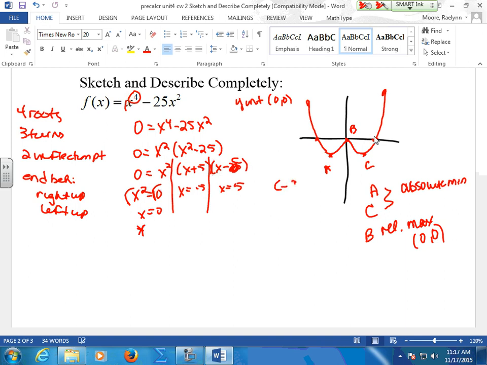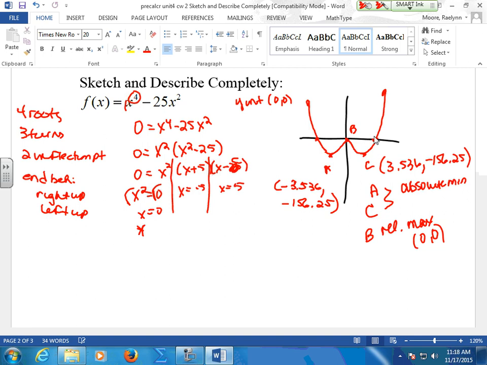So, if I know that one, then I know this one must be the positive x, but still the same y. So now it will look like a W, it just happens to dip pretty far down. And that we don't know when we're doing this.